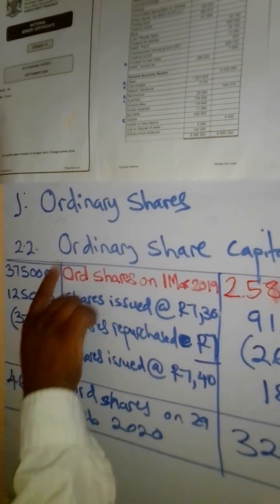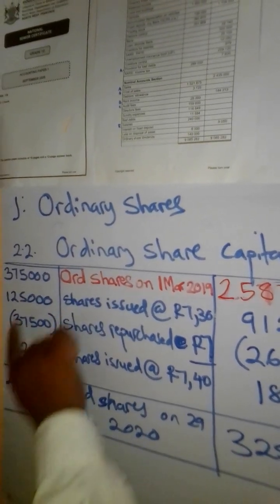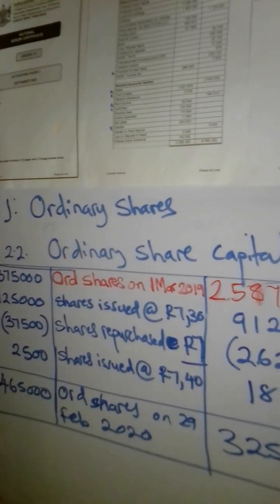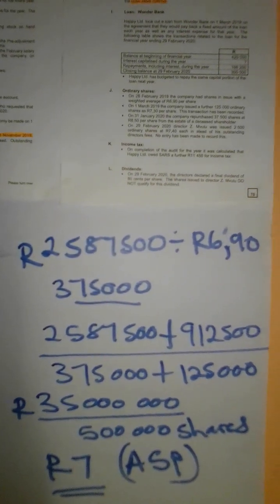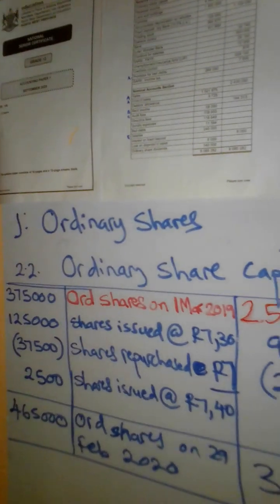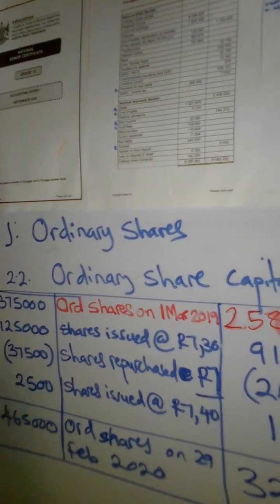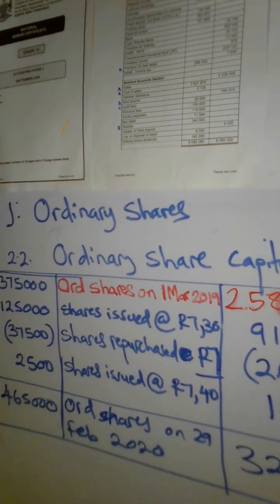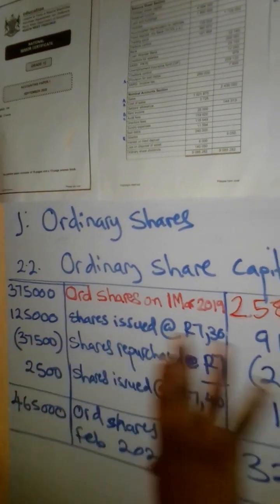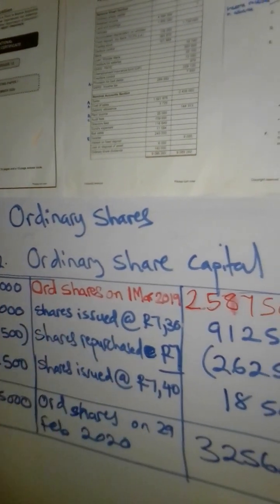We say the shares at the beginning plus the ones that were issued, and we divide by the number of shares, which in this question are the 375 at the beginning plus the 125 that were issued during the year before the repurchase. We get an average share price of 7 rand, and then this is how we do the ordinary share capital.